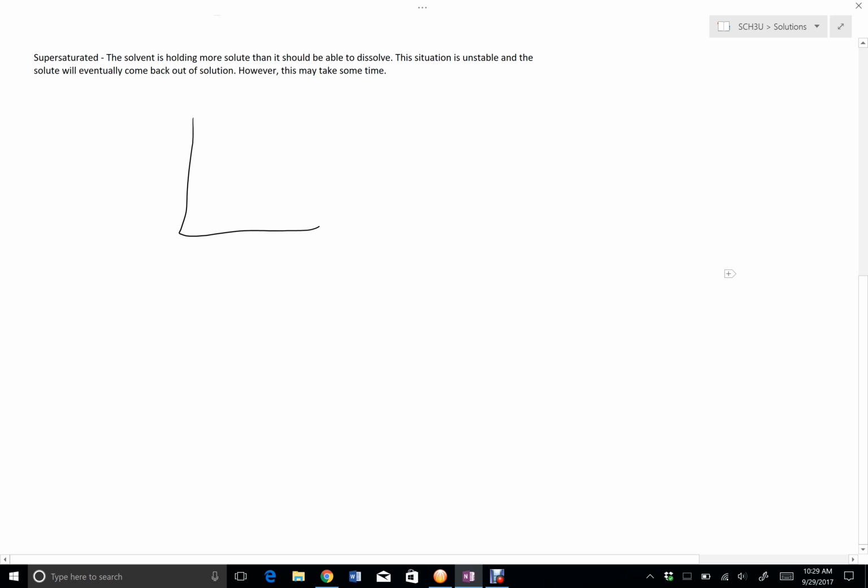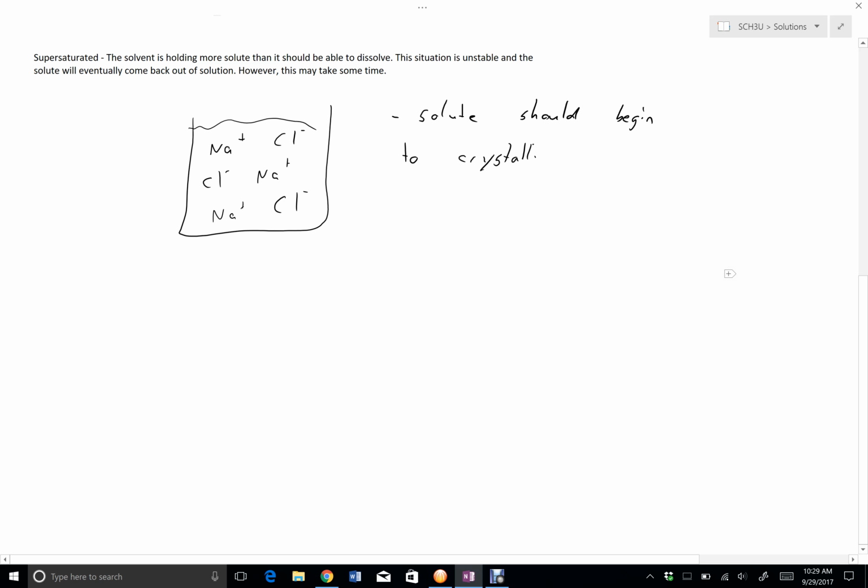So again, here we could imagine if we said that this was saturated, here we have a higher concentration than the saturation point. And what should happen here is that solute should begin to crystallize, or come out of solution.